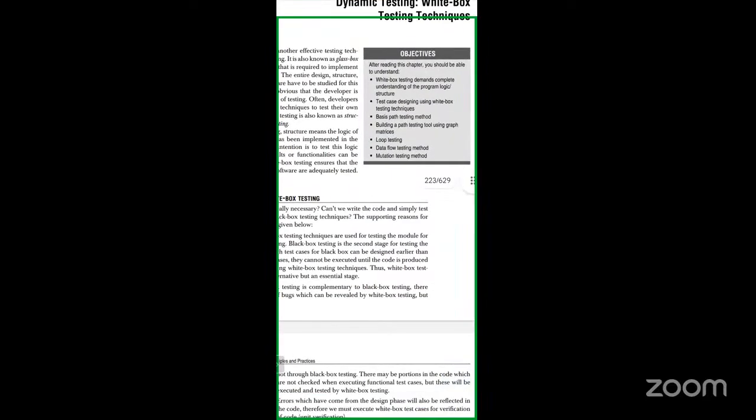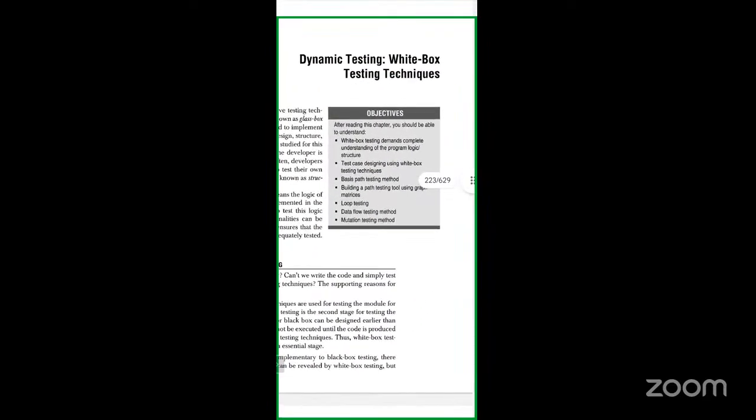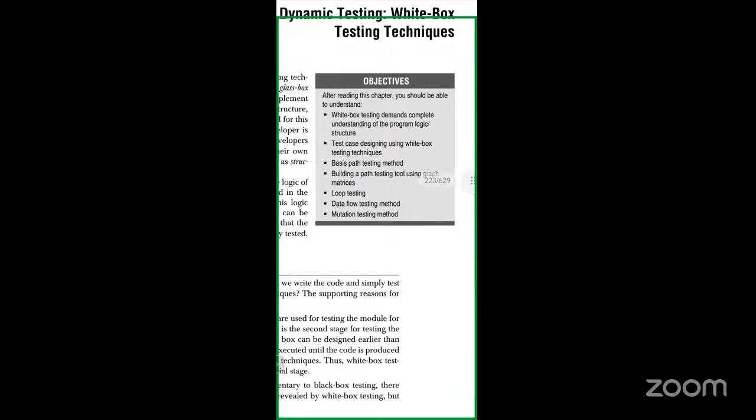In this particular chapter, after reading it, we will be able to understand that white box testing demands complete understanding of the program logic structure, test case designing using white box testing techniques, the basis path testing method, building a path testing tool using graph matrices, loop testing, and the data flow testing method.